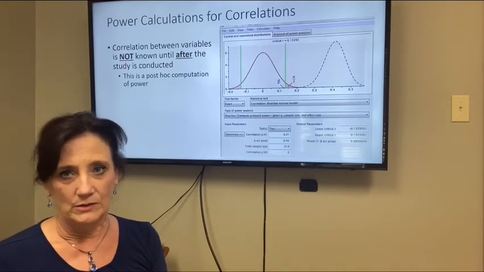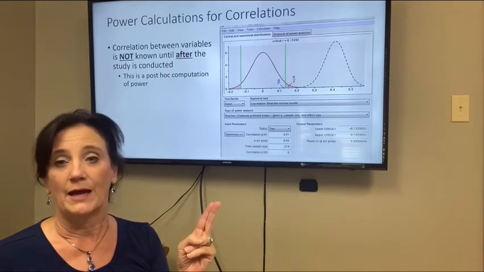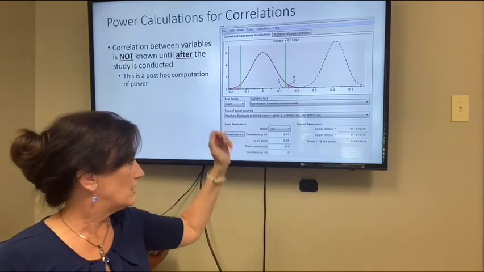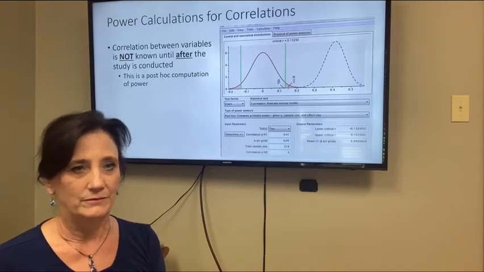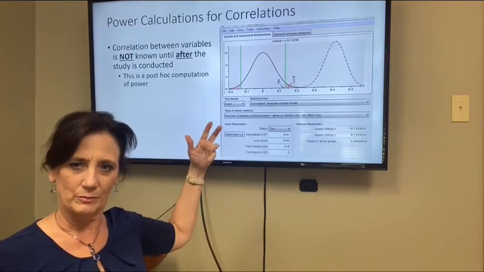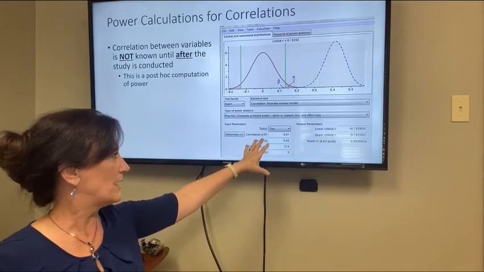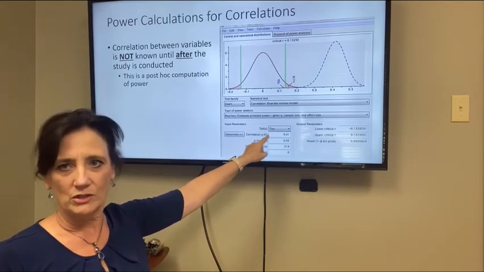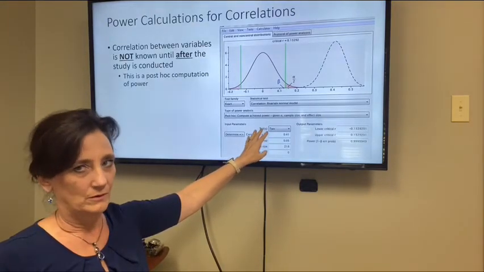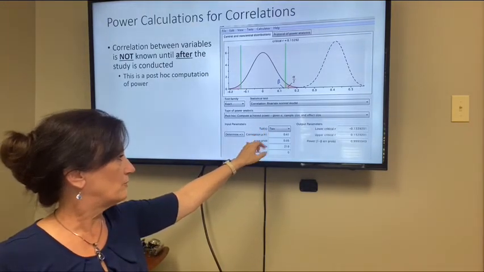Again, we're going to use the example of two variables that have a relationship of 0.41. And you had already set your alpha at 0.05. All right, so pretty much the same question we had on the previous slide, except now we're saying we didn't know what the relationship was beforehand. We found that out after the fact. After the fact, we found out it was 0.41.